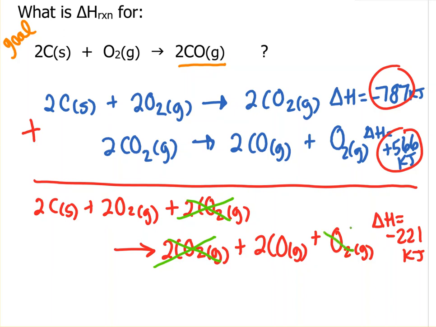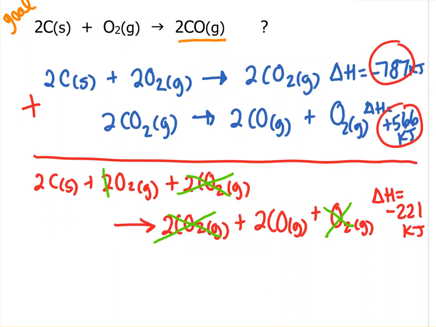So it's going to cancel the 1 in the product, and I'll change this 2 to a 1. And anything else that can cancel? So I got rid of the CO2 and the oxygen. Okay, and so after canceling those out, I can see what's left.